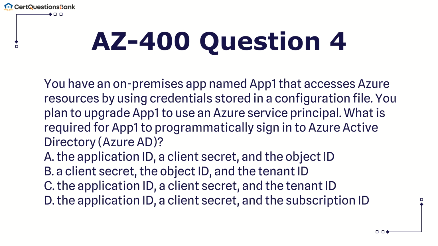A. The application ID, a client secret, and the object ID. B. A client secret, the object ID, and the tenant ID. C. The application ID, a client secret, and the tenant ID. D. The application ID, a client secret, and the subscription ID.